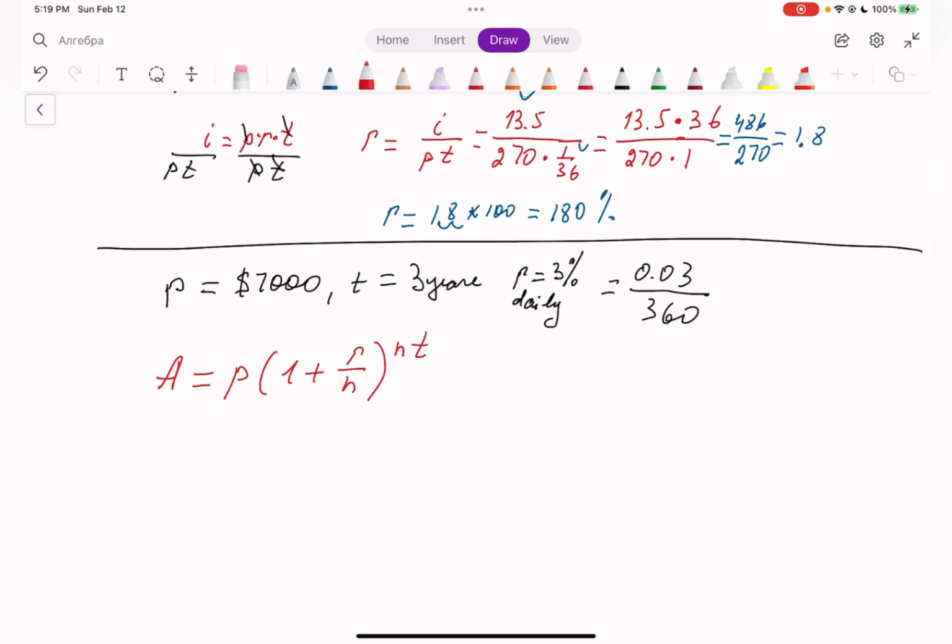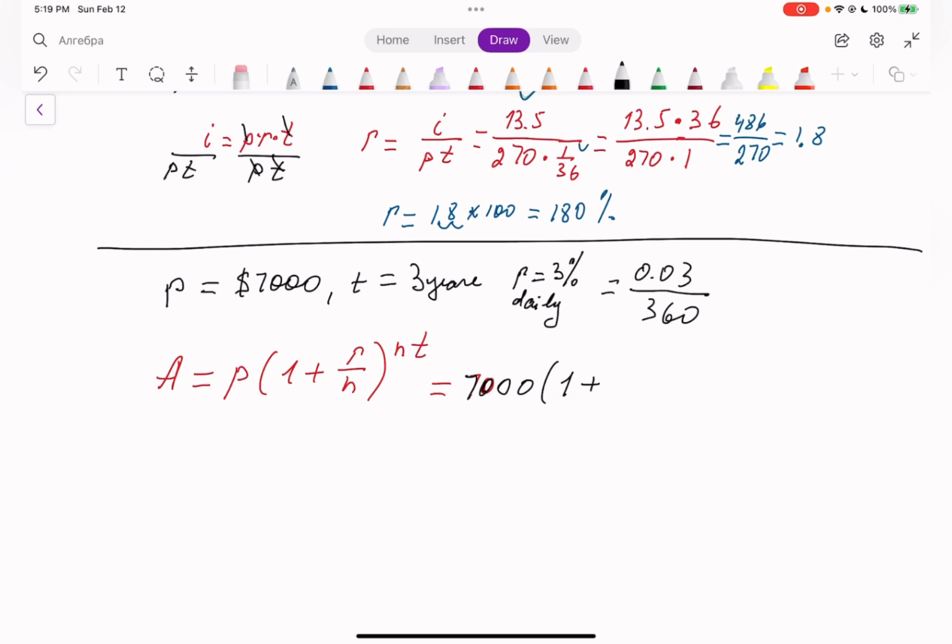We are going to have the principal, which is 7,000, times 1 plus R over N. N is the number of terms. In our case, since it's daily, 3%, we divide by N, 360, right?